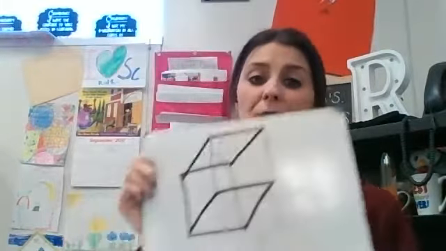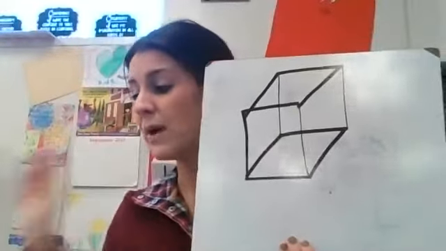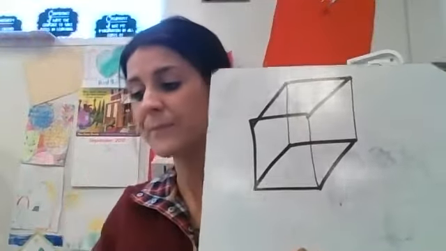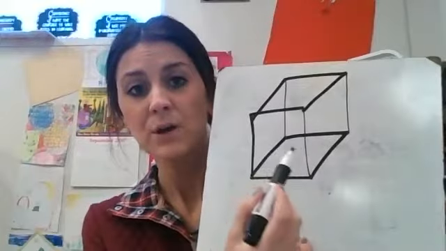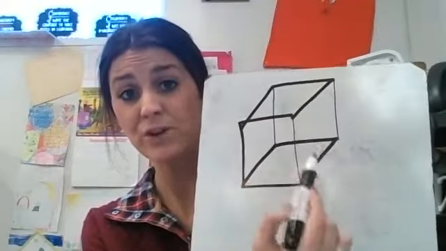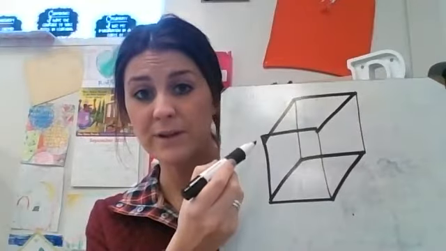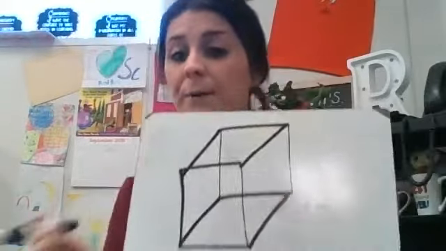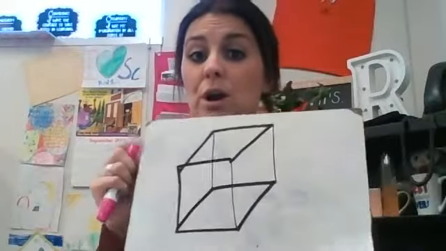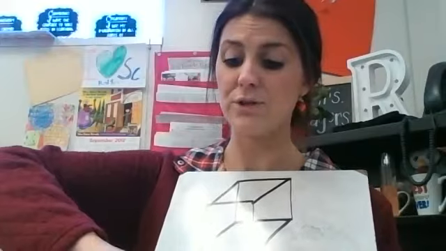If you're looking at my cube right here, your face is going to be this flat part right here. Each one of these squares is a face. Then your edges are going to be these lines right there. And then your vertex is going to be your point, or your vertices, just like we talked about with the two-dimensional shapes.